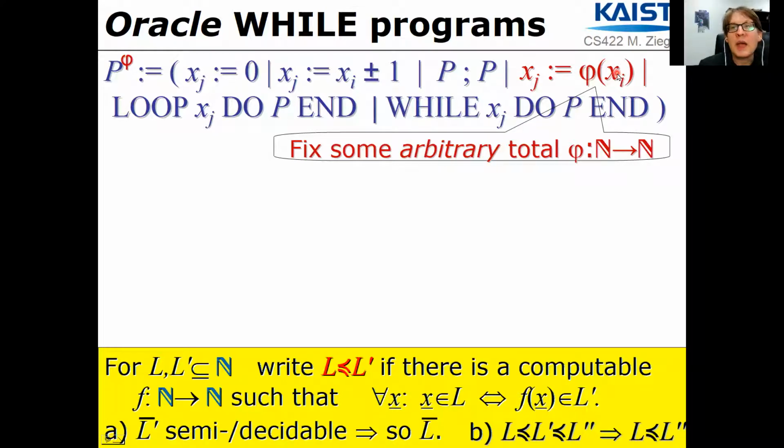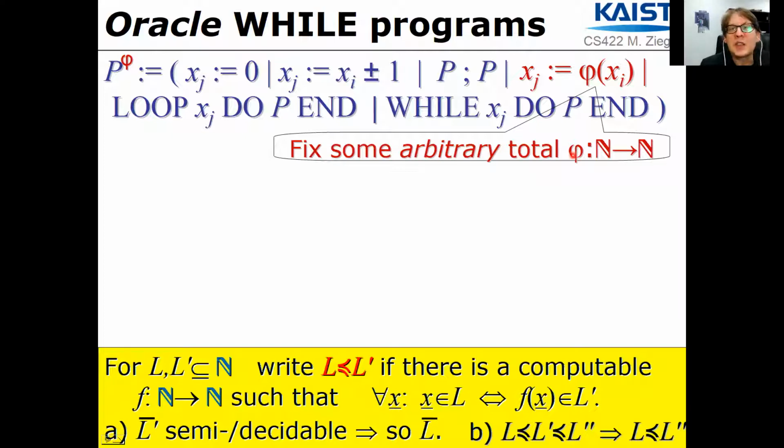So once the program has calculated some value in the variable xi, then it can invoke that new instruction, which produces a new natural number, because phi is a fixed total function, not necessarily computable. That's the point. Here we do not suppose that phi is computable.